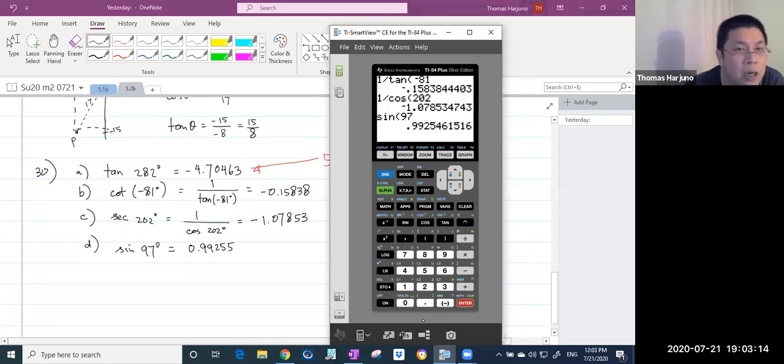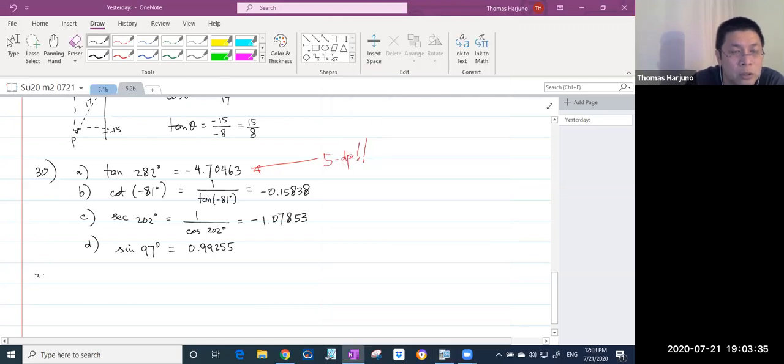All the angles are already in degrees. I just need to be aware of what happens if the trig function we are dealing with is not the primary trig function. If it's not sine, cosine, tangent, then you need to rewrite it first in terms of sine, cosine, tangent, do the reciprocal first, and then you use your calculator.